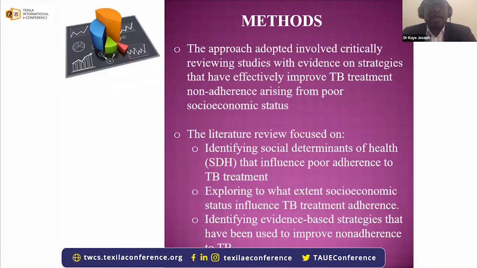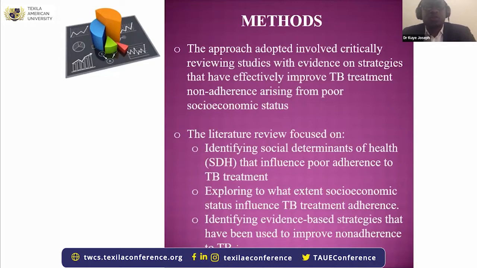So like I've said in the introduction, this is a secondary research, and the approach that was used included critically reviewing studies with evidence on strategies that have effectively improved TB treatment non-adherence arising from poor socioeconomic status. The main methodology was to review the literature, and the study focused on identifying social determinants of health that influence poor adherence to TB treatment.